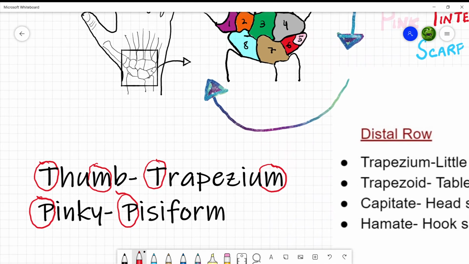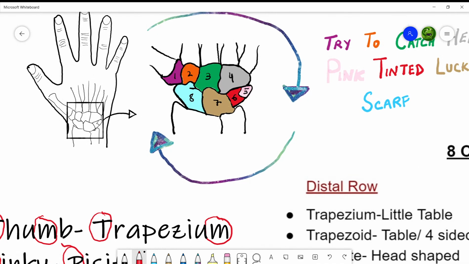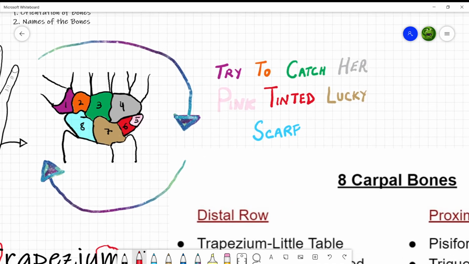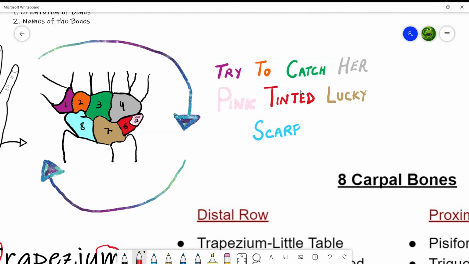So now you know the orientation. Now comes the names of the bones. The mnemonic for the names of the bones is: Try to catch her pink tinted lucky scarf.